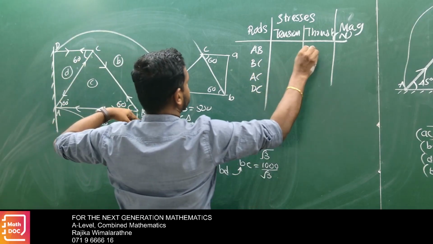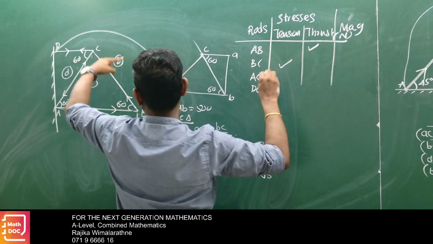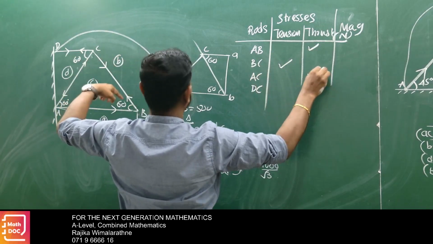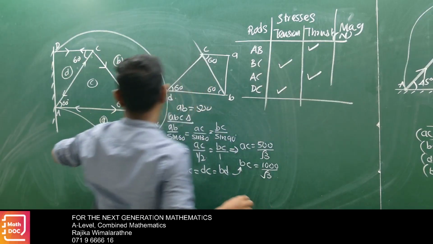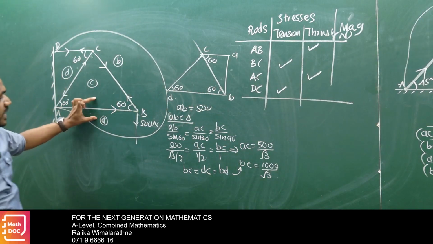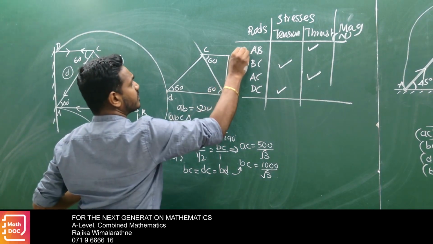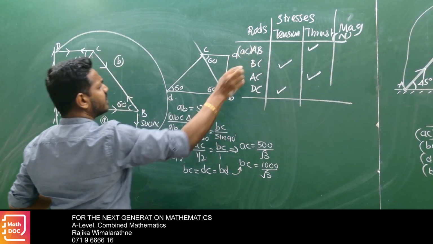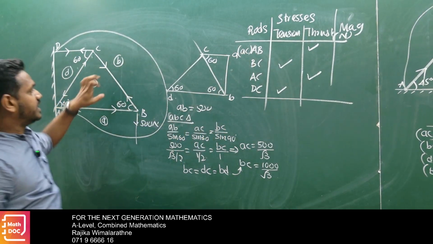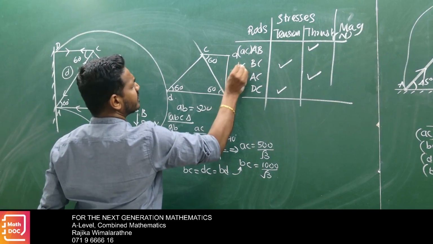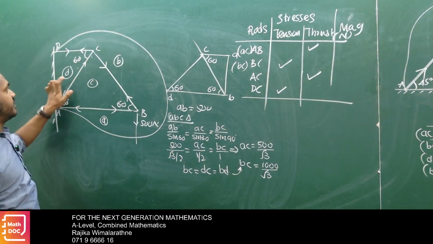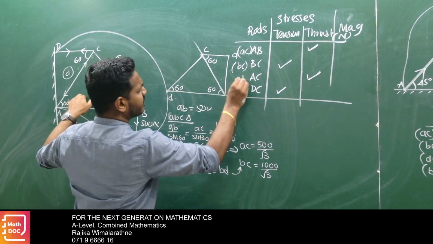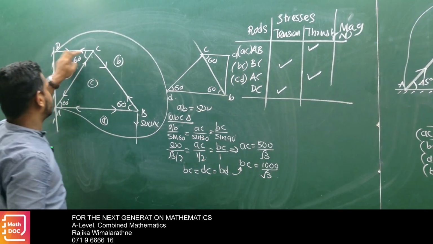AB rod thrust, BC rod tension, AC rod thrust, DC rod tension. AB rod represented by AC, BC rod represented by again BC, AC rod represented by CD, DC rod represented by BD.